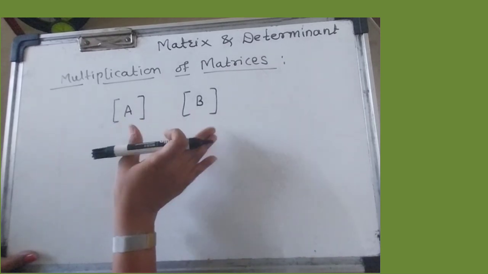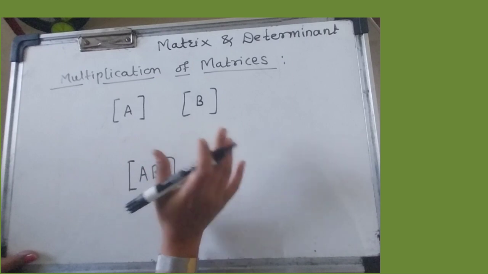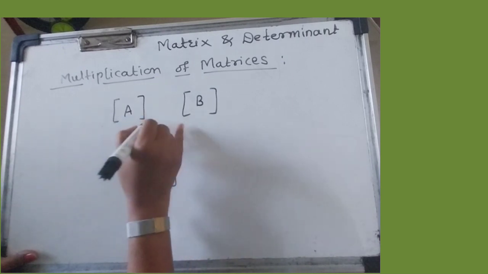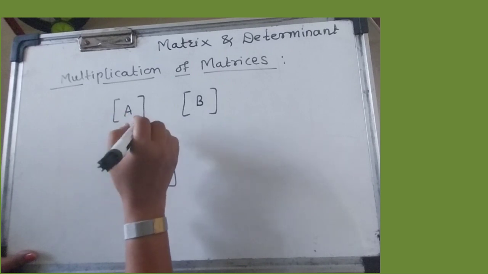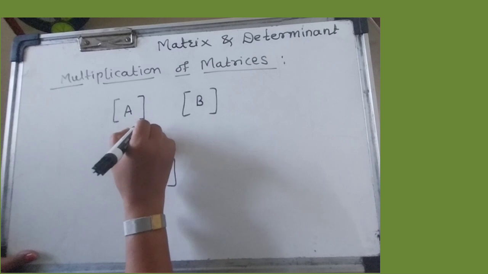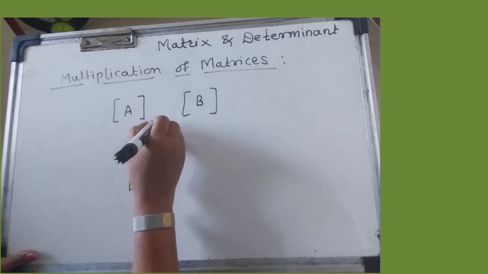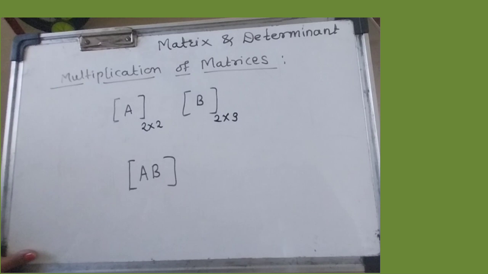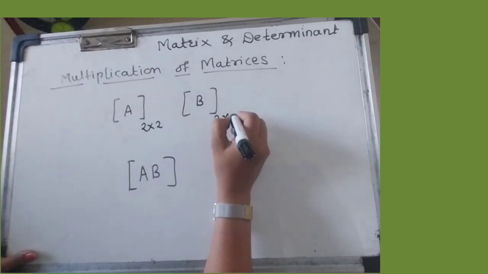We have to check whether multiplication is possible or not. Suppose the order of this matrix is 2 by 2, and the order of the other matrix is 2 by 3.